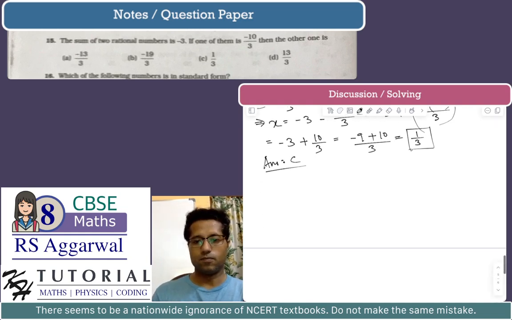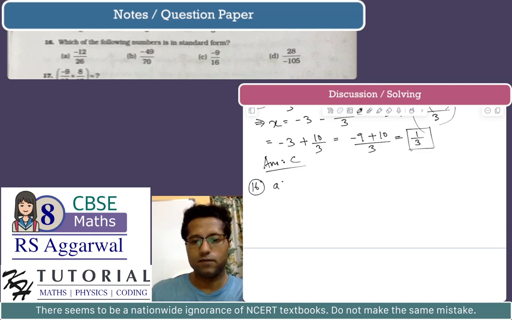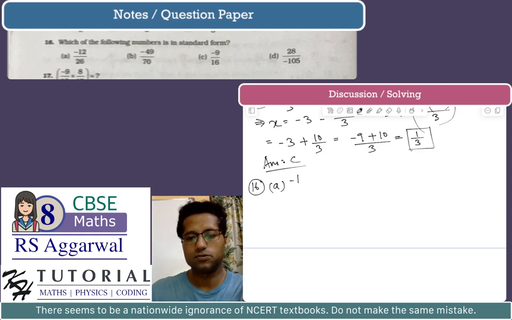Okay, let's do problem number 16. Problem number 16 says, which of the following numbers is in standard form? Okay, so we have to select the rational number which is in standard form. In choice A, the rational number given is minus 12 by 26.